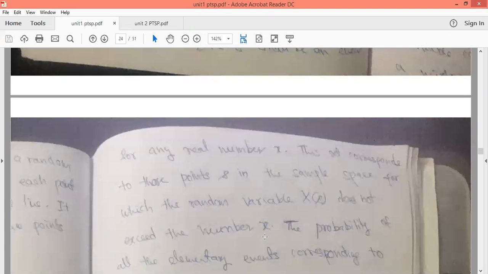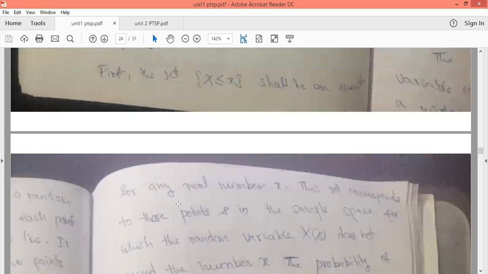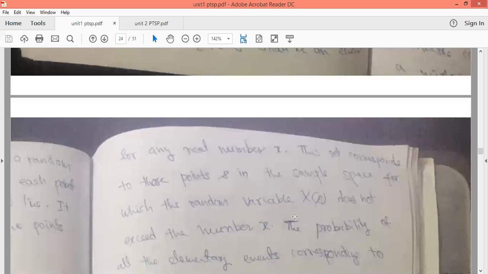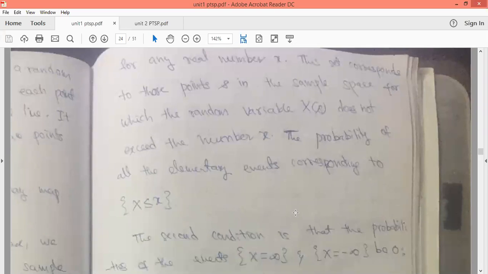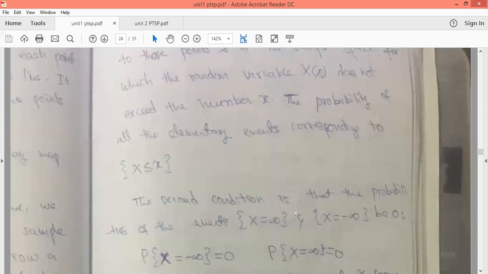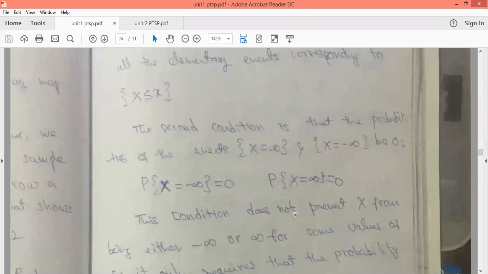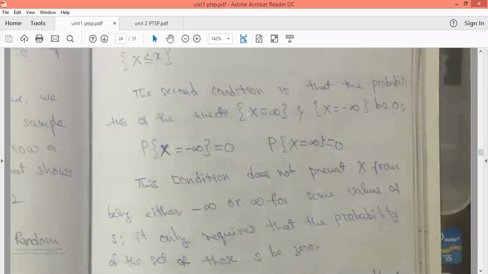What is x here? The number of elements in the sample space. So X of S does not exceed the number of elements. The second condition is that we won't be having the events X equal to infinity and X equal to minus infinity.